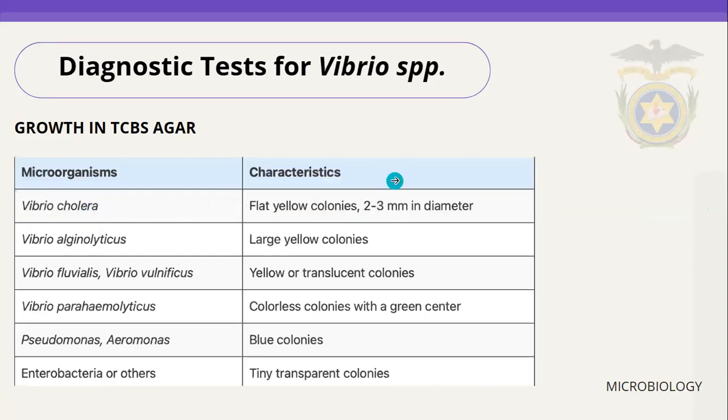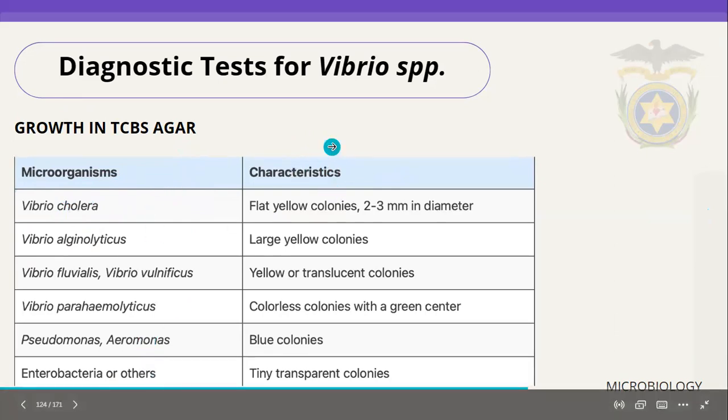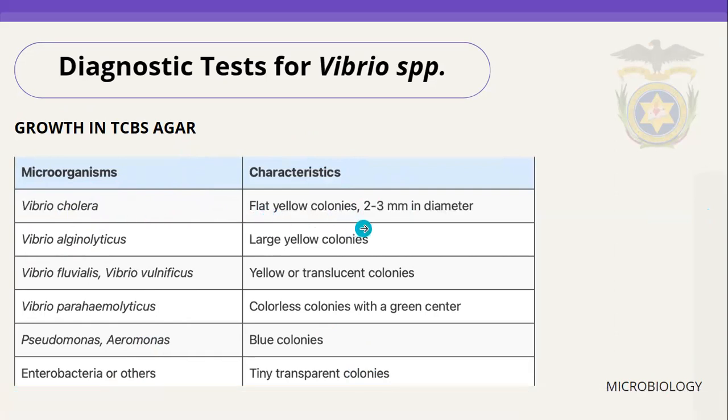Another diagnostic test for Vibrio species is growth in TCBS agar. The table here shows the different microorganisms and their characteristics. Vibrio cholerae has flat yellow colonies, 2 to 3 mm in diameter, in TCBS, while Vibrio alginolyticus has large yellow colonies.